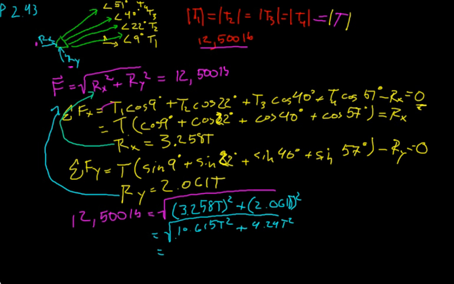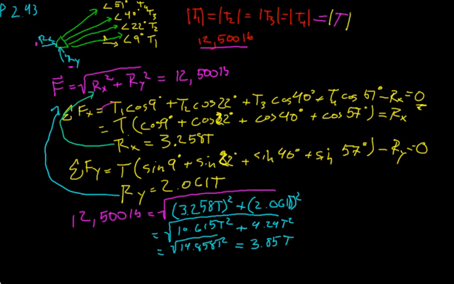Add these two together and we get 14.858 T squared. Then remember, you can separate the square root of 14.85 from the square root of T squared. The square root of 14.85 gives us 3.85, and the square root of T squared is just T.